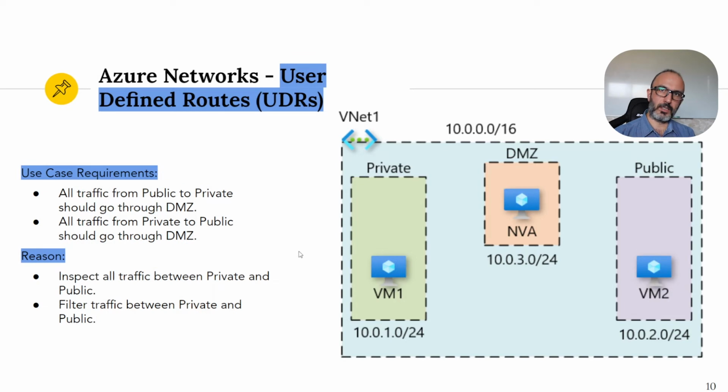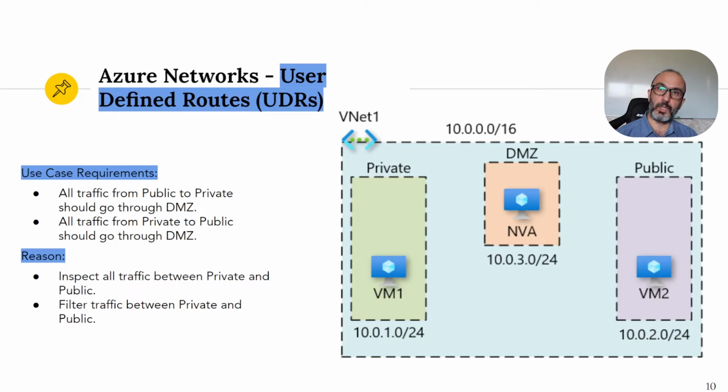So as we'll see in this example, we've got a virtual network called VNet1, and we've got three subnets inside of it. One subnet is called public, the other private, and then in the middle we have a DMZ subnet. So for security concerns, let's say that we want to inspect all traffic flowing between the public and the private subnet.